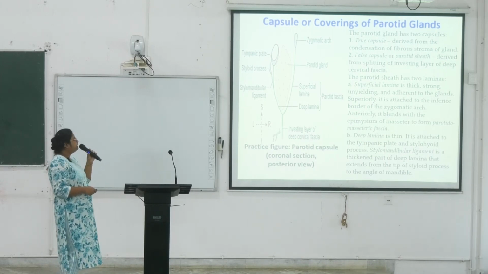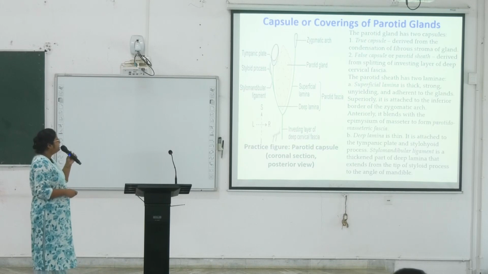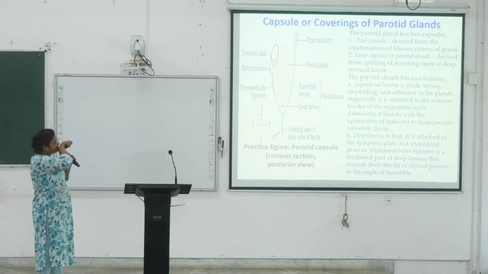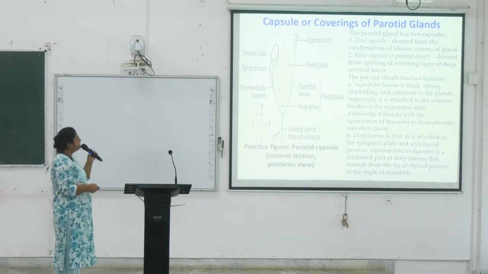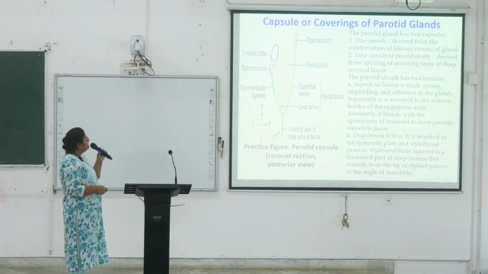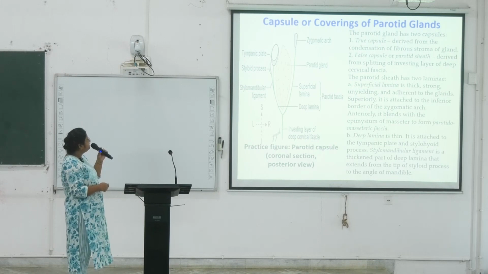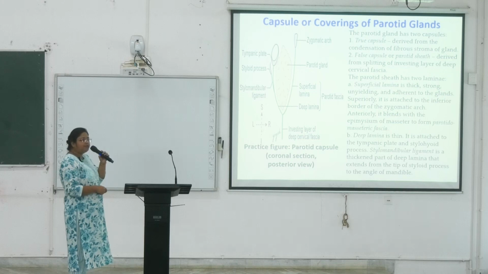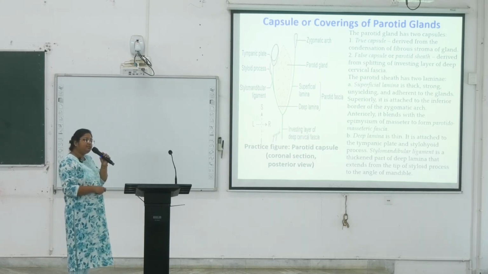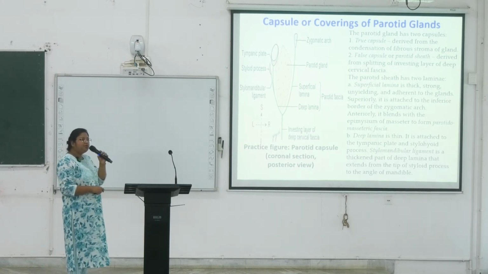The parotid sheath has two laminae, superficial lamina and deep lamina. Superficial lamina is thick, strong, unyielding. See here, these are the two laminae. These are formed by the investing layer of deep cervical fascia. Splitting of this fascia forms these two laminae.